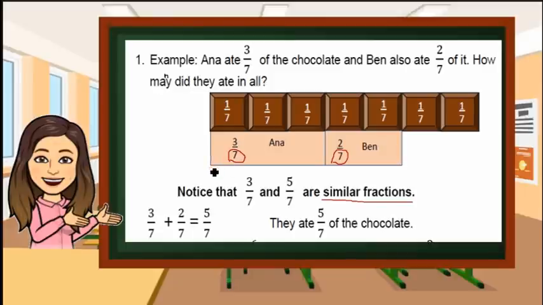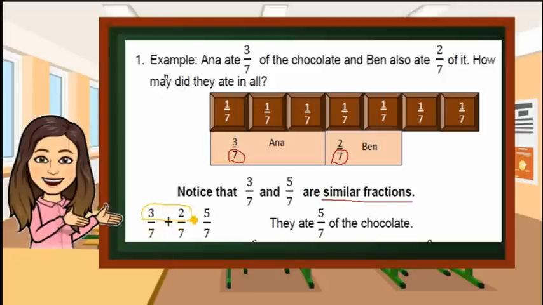So we have to add the 3/7 and 2/7 so that we would know how many parts of the chocolate they have eaten already. So 3/7 plus 2/7. When adding, only the numerator is being added. The numerator is what we add first.